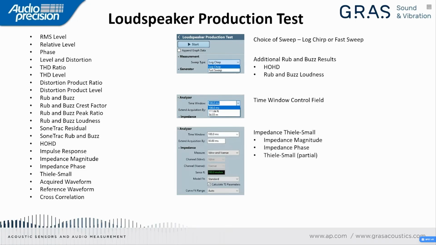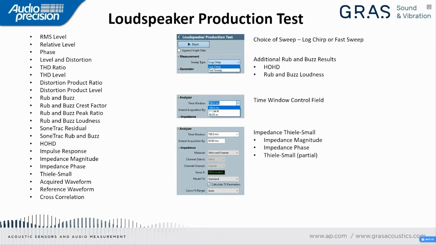Impedance Thiele-Small, as I mentioned, you get impedance magnitude, impedance phase, and Thiele-Small parameter results. And you have the options as you would in the impedance Thiele-Small measurements for measuring either just the sense resistor or the driver and the voltage across the sense resistor, and your different models.